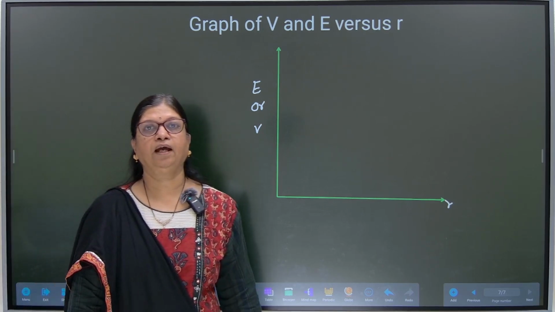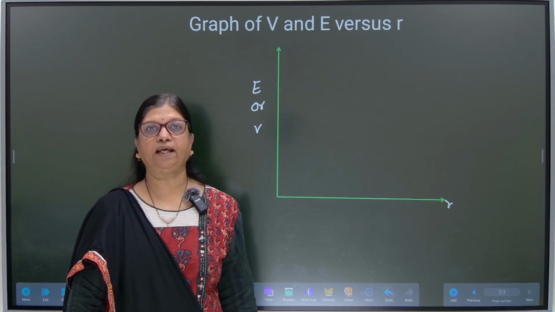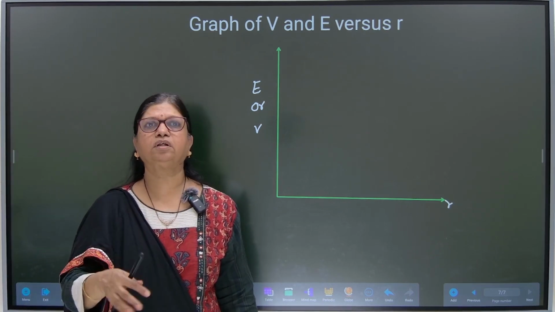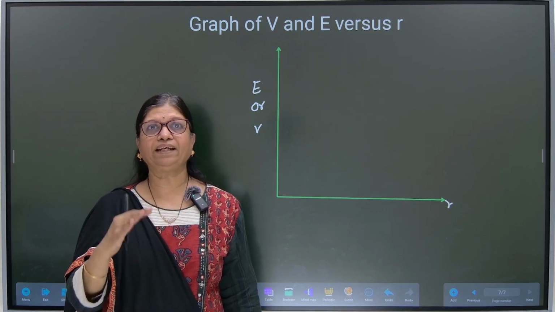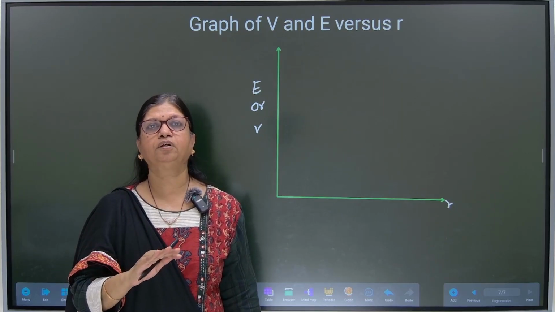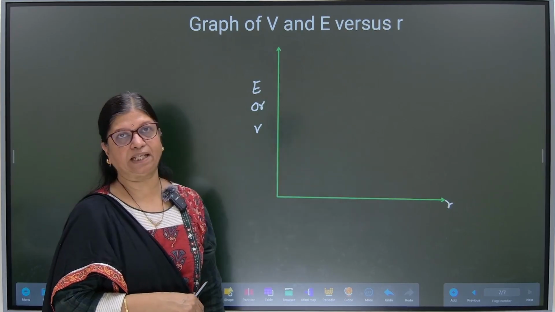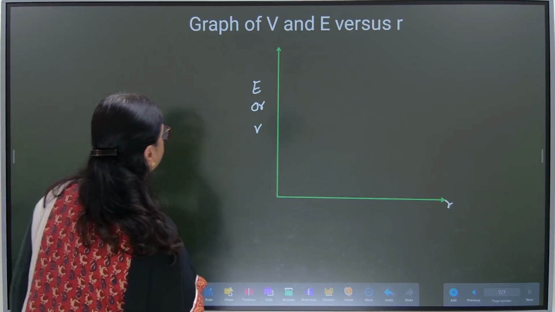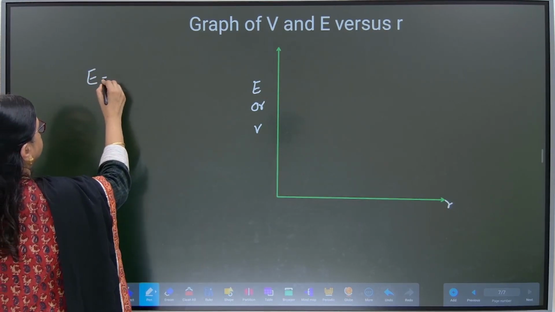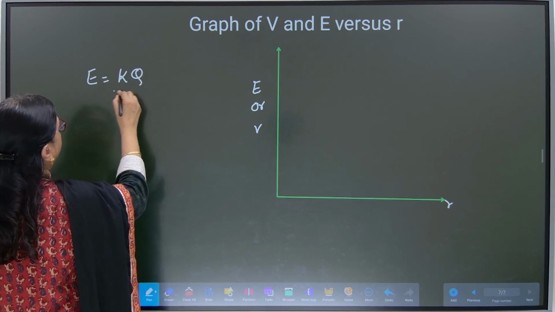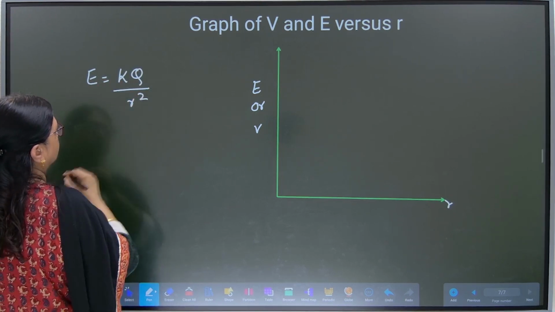Now, as asked in the board exam or the entrance exam, there can be a common graph of E or V on the y-axis and R on the x-axis. First, let us write out the formula of E. E is equal to KQ upon R square.